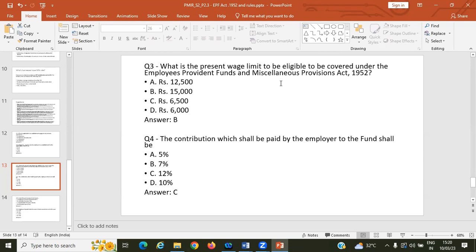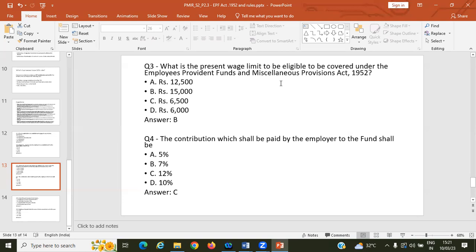If your salary is less than or equal to 15,000, then your company is compulsorily going to deposit PF, and think about insurance and pension, all these things. People who are getting salary in lakhs can take care of a lot of things. They know. So the limit is 15,000.